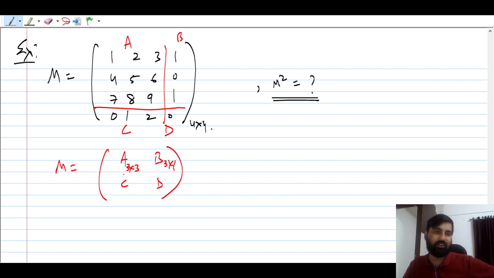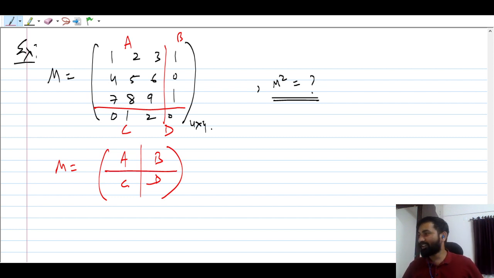C is a 1 by 3 matrix, and this is 0, D, of any order. I'm not going to put the order here. You just treat this as a block, and put these two lines. So I have divided the entire big matrix into 2 by 2 blocks.